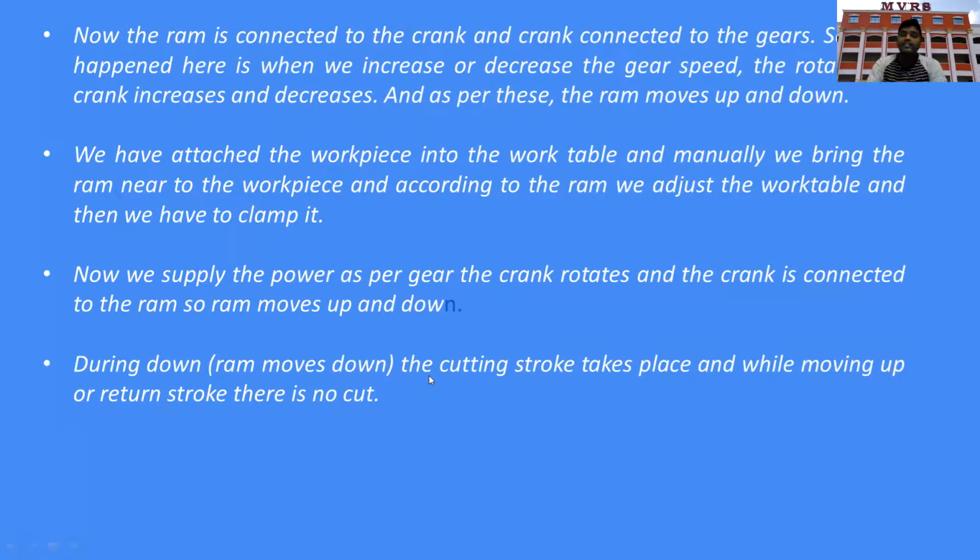As we discussed in the shaper machine, cutting takes place only during the forward stroke. Likewise, in the slotting machine, the cutting of the workpiece takes place only during the downward stroke, but during the return stroke, that is the upward stroke, no cutting takes place.